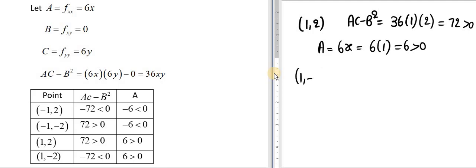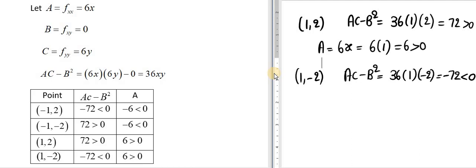At the point 1 comma minus 2, AC minus B square equal to 36 into 1 into minus 2, that is minus 72, less than 0. A value is 6 into 1, that is 6 greater than 0.